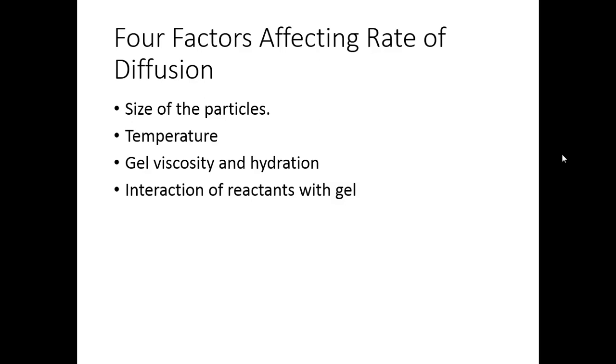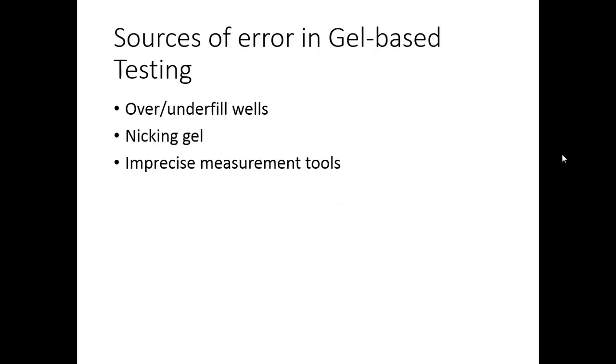Big particles move slower, chugging through the gel. Temperature can affect it by slowing or speeding up the rate of diffusion. Sometimes the viscosity and hydration of the gel, as well as other interactions with the other reactants within the gel, can affect the rate of diffusion as well.